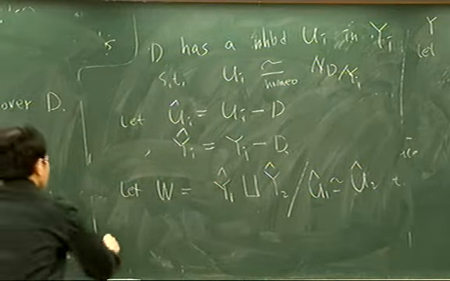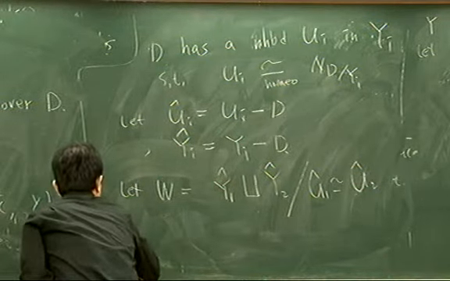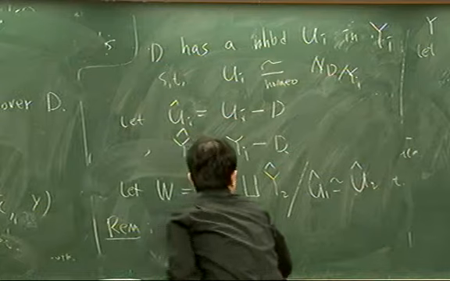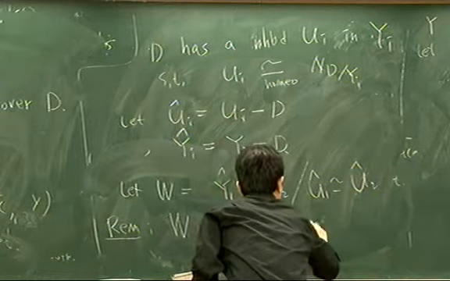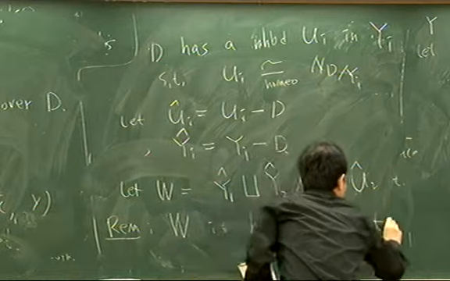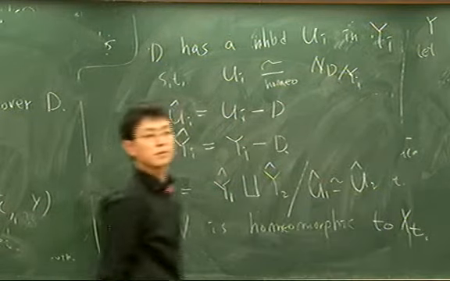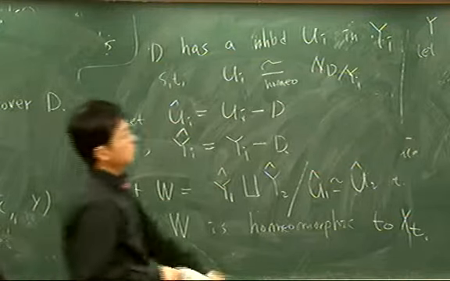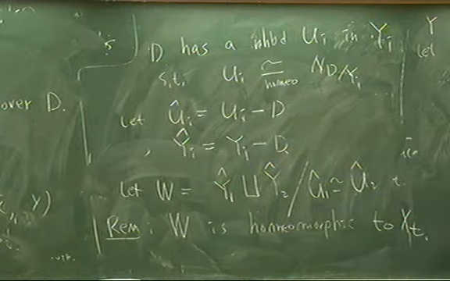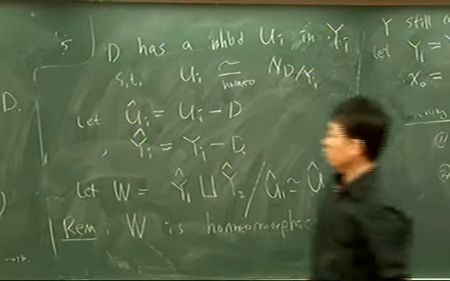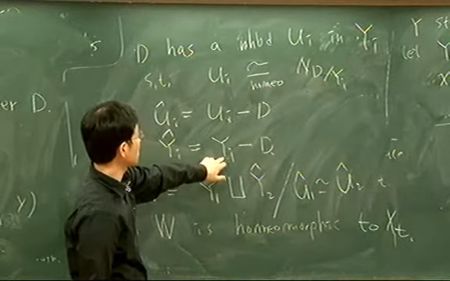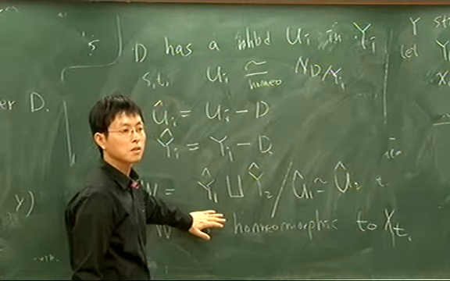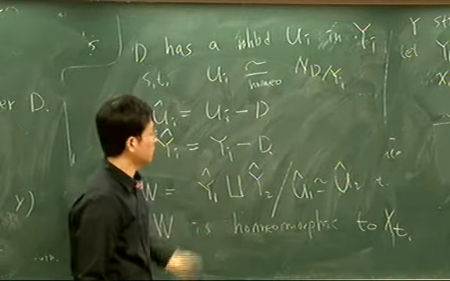But the point is W is homeomorphic to X_t, the Calabi-Yau we constructed before. So algebraically we can make it like a deformation, but topologically from Y1 you just subtract the anti-canonical section and then somehow topologically paste it. Then you have some compact Calabi-Yau threefold.